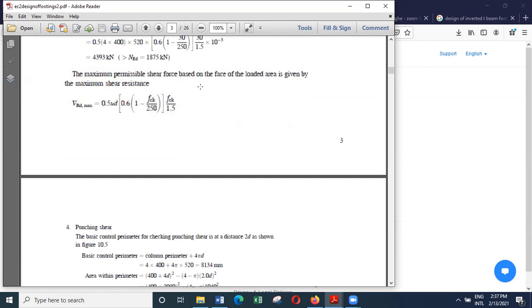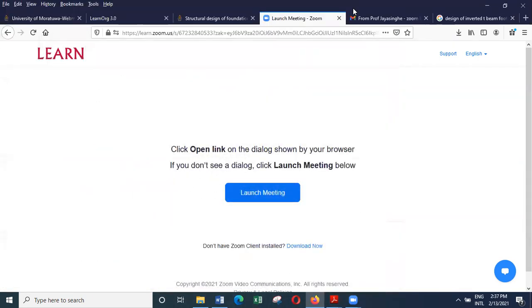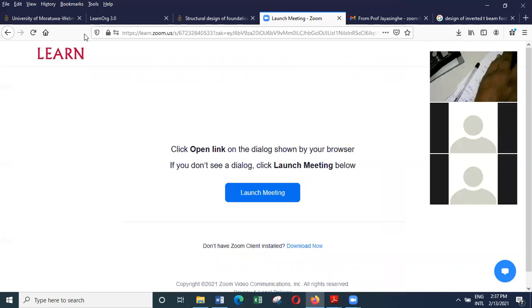Now we have to see what the punching shear failure is at a control perimeter 2D away from the face of the column. So basically you have to look at the punching shear failure.